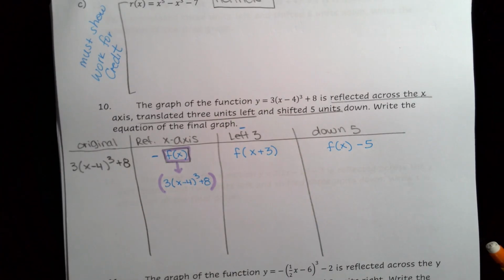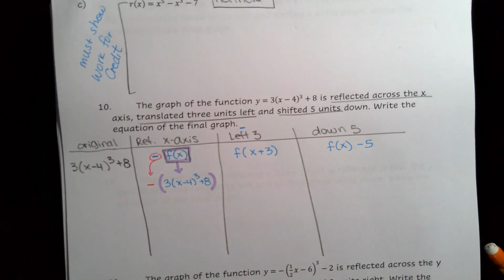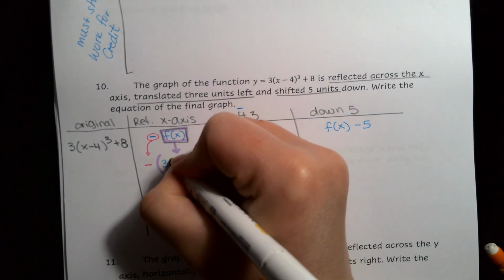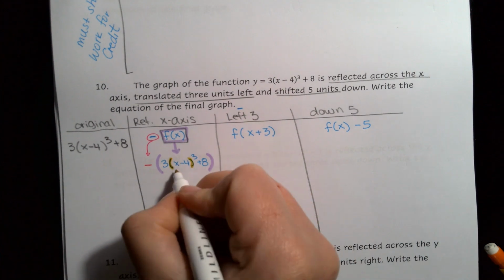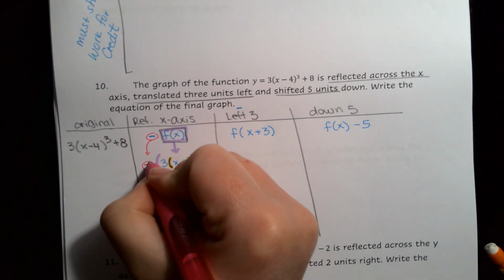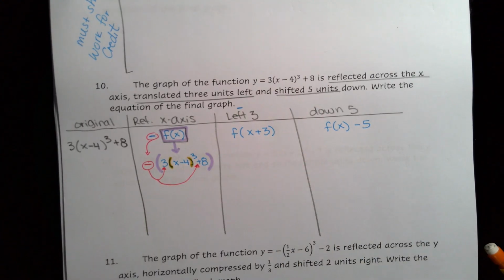Now I do have that minus on the outside of the function, so here's my minus on the outside of the function. Now because this is an outside change, I am unable to go inside of my cubed. So these parentheses here showed in yellow, these are my inside, and I only can apply that negative on the outside of the function since it is an outside change.